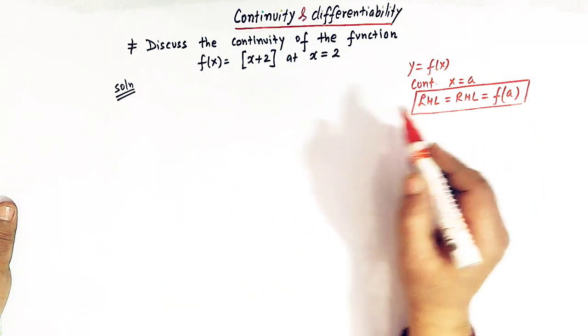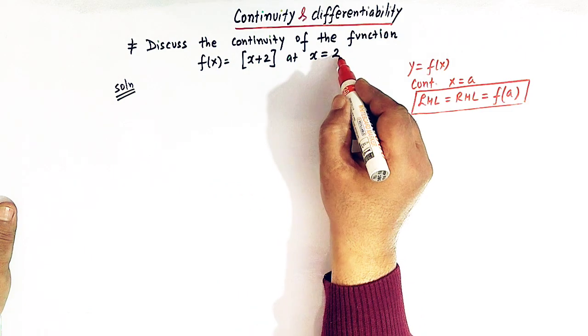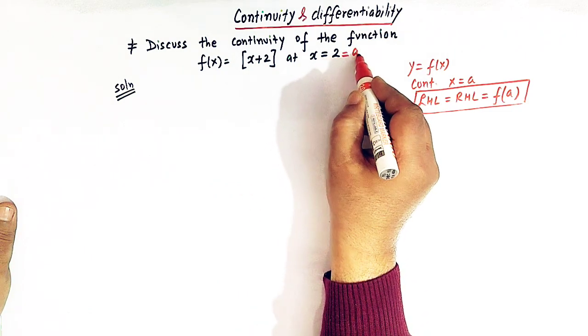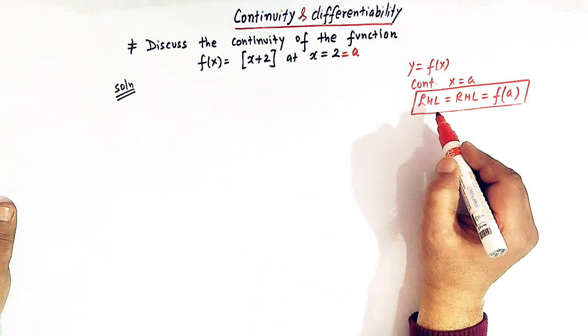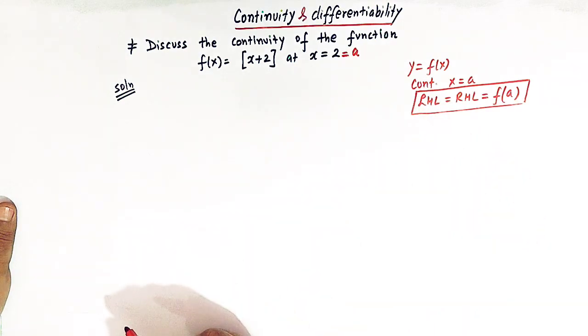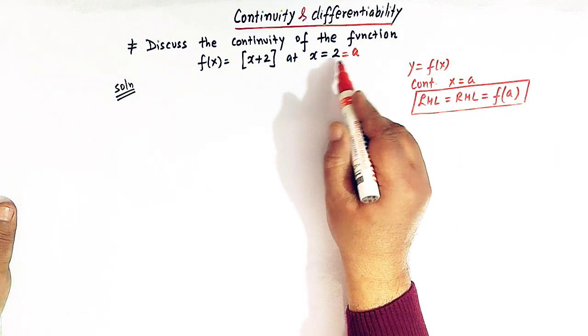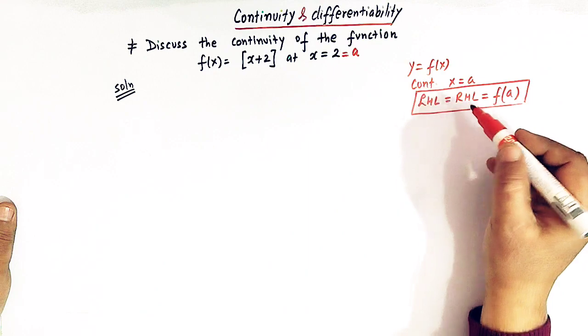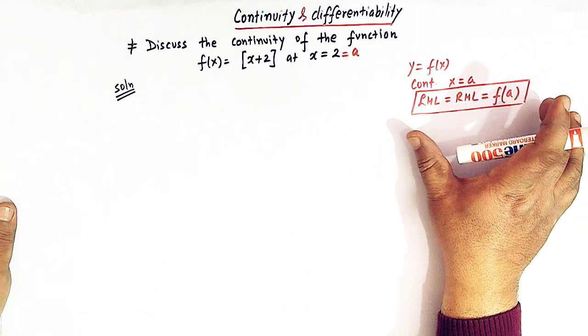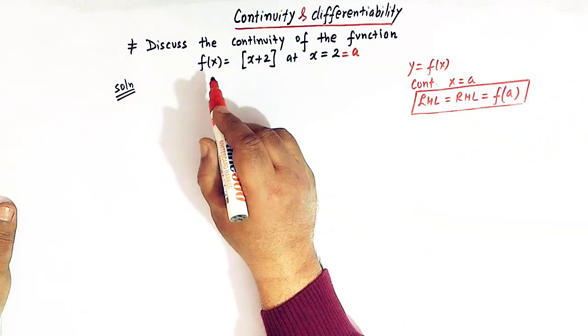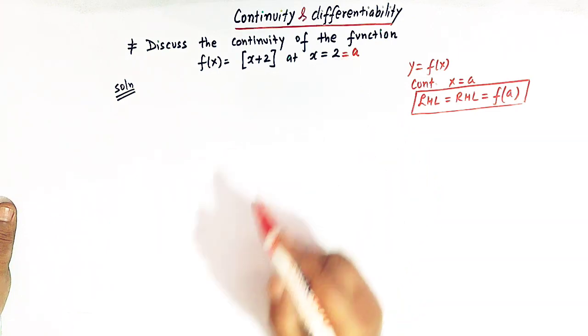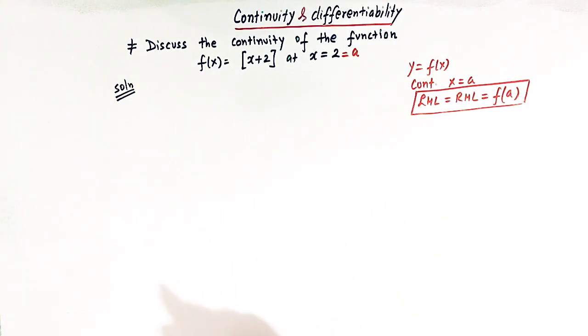Here we are given the point a as 2, and we'll find the left hand limit, the right hand limit, and the value of the function at this point a is equal to 2, and see whether this condition is satisfied by this function or not.